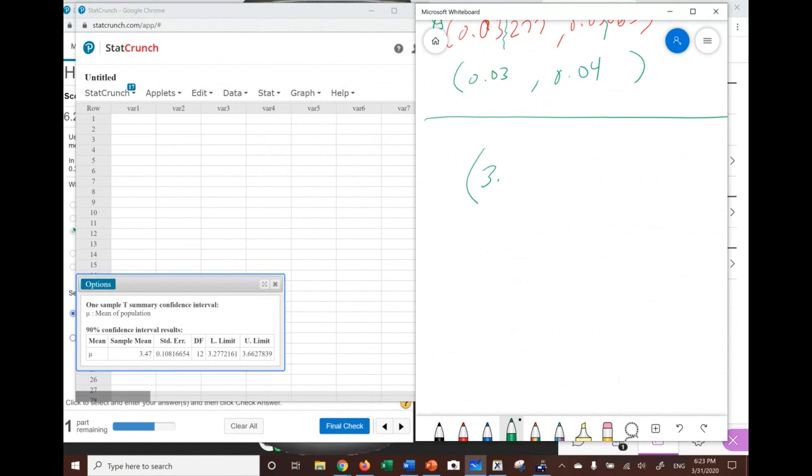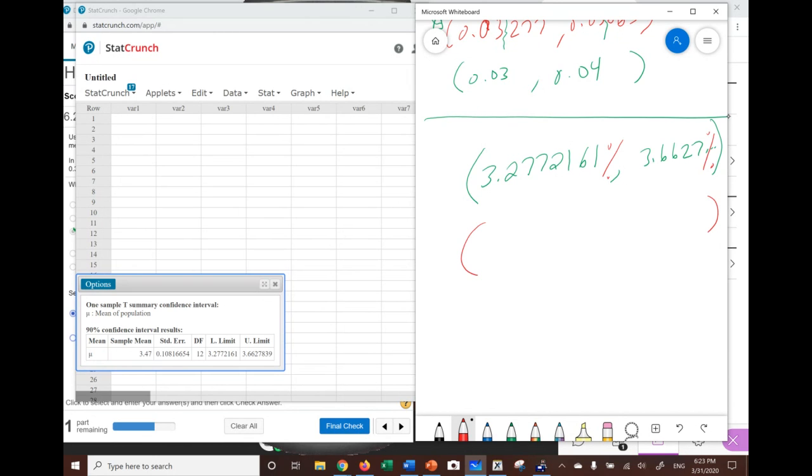The first one is 3.272161, and the second one is 3.6627 whatever. And notice that those are percents because we left everything in percent format.